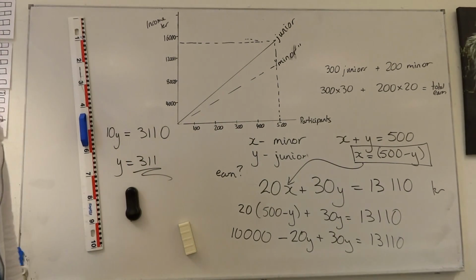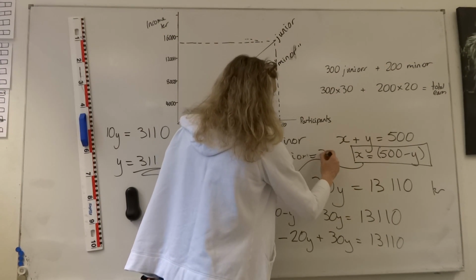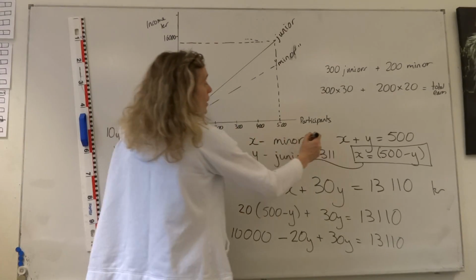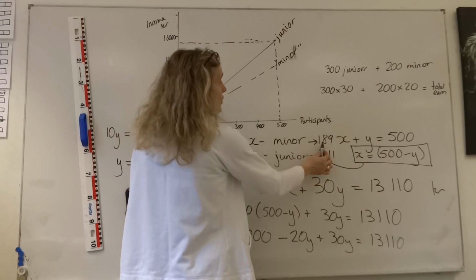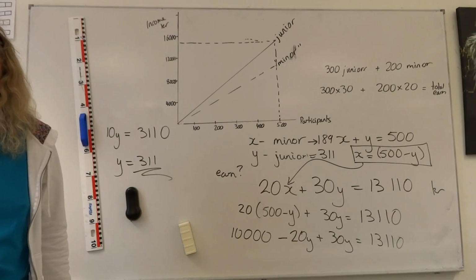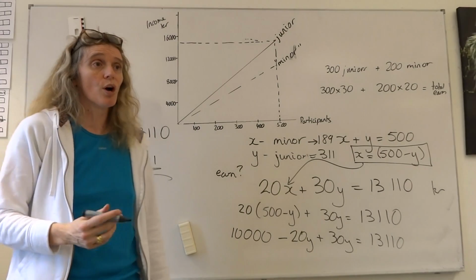So we now know that we had 311 juniors. So we must have had 189 minors, because 189 plus 311 equals 500. Are we finished? No, because if we've done it all right, our check will work.